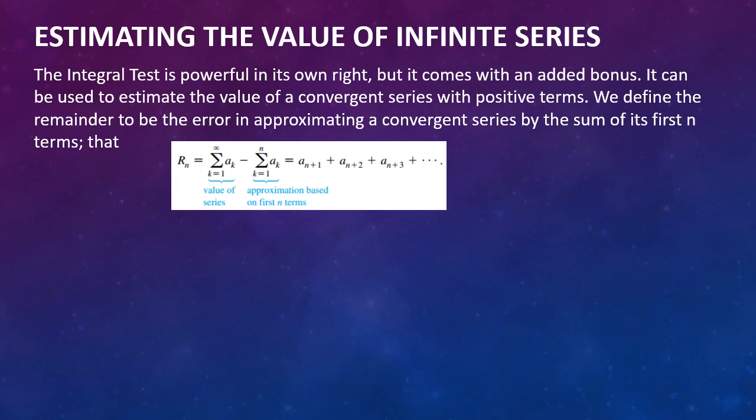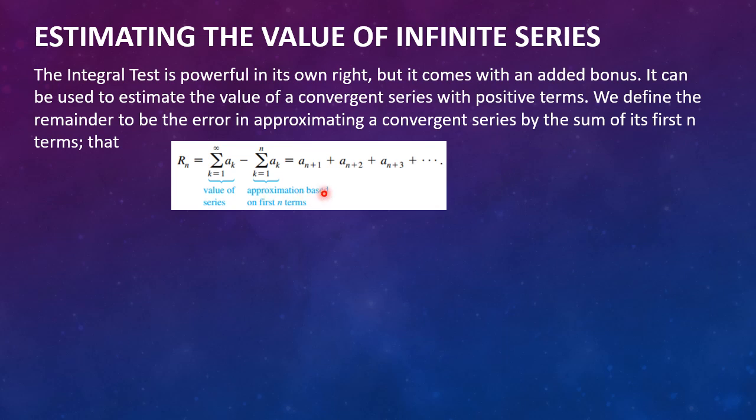We define the remainder to be the error in approximating a convergent series by the sum of its first n terms. So the idea here is a remainder is the difference between the value of the series, you go from k equals 1 to infinity, so that is the value of the infinite series, minus an approximation, or the sum of the first n terms, okay?